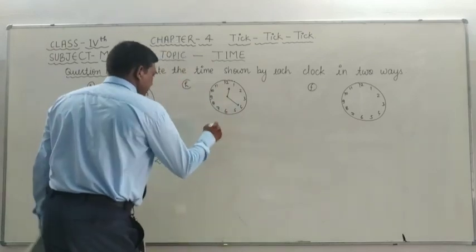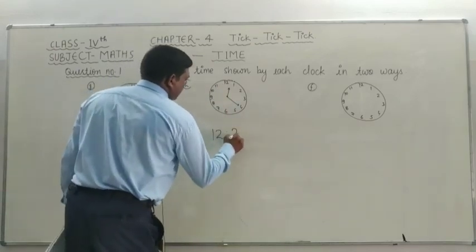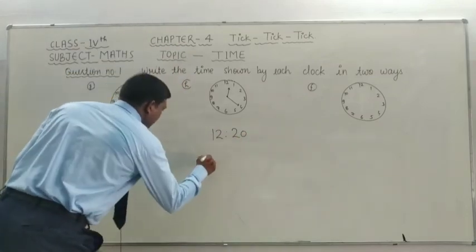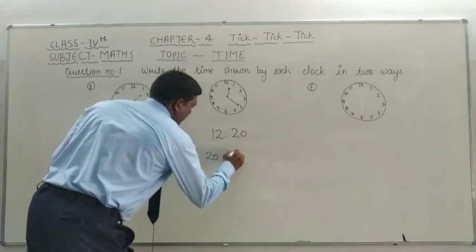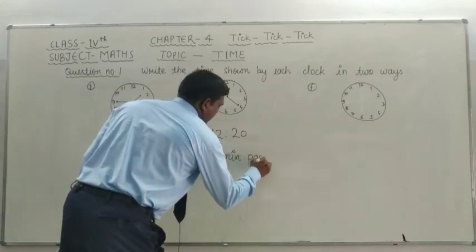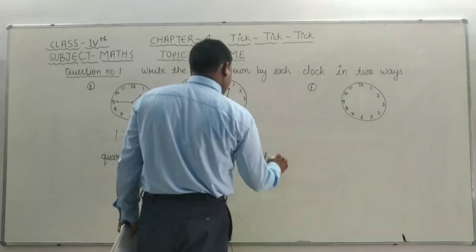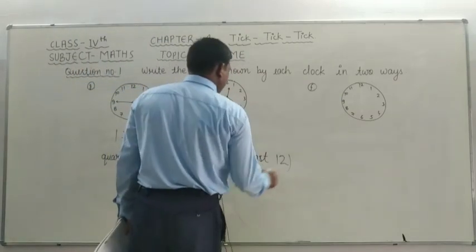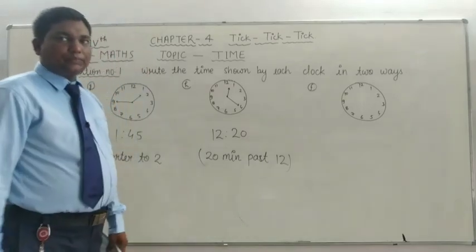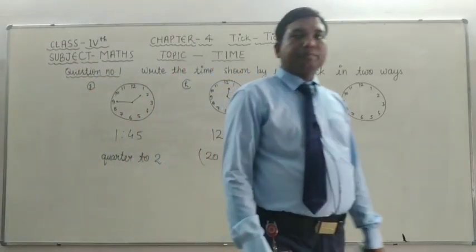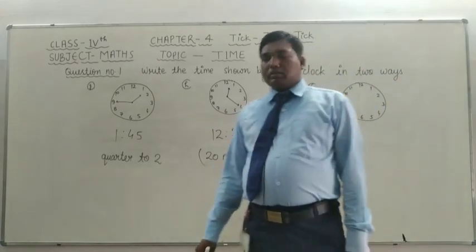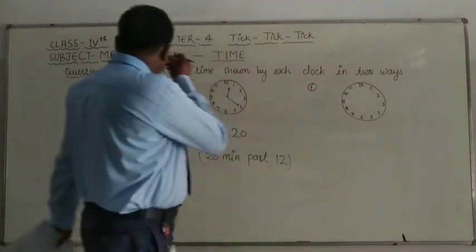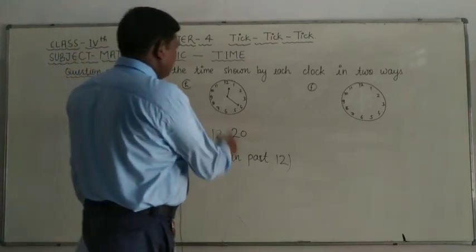Okay? It means that the time is 12:20 and this can be written as 20 minutes past 12. Understand? Dear students, similarly, we can solve all the given questions of this type.